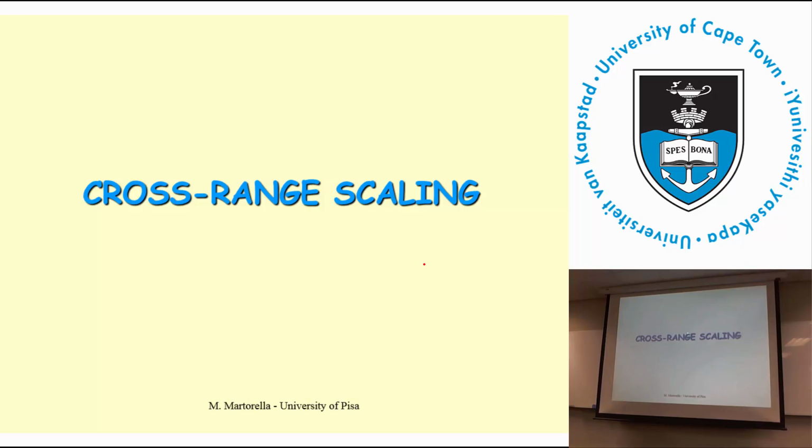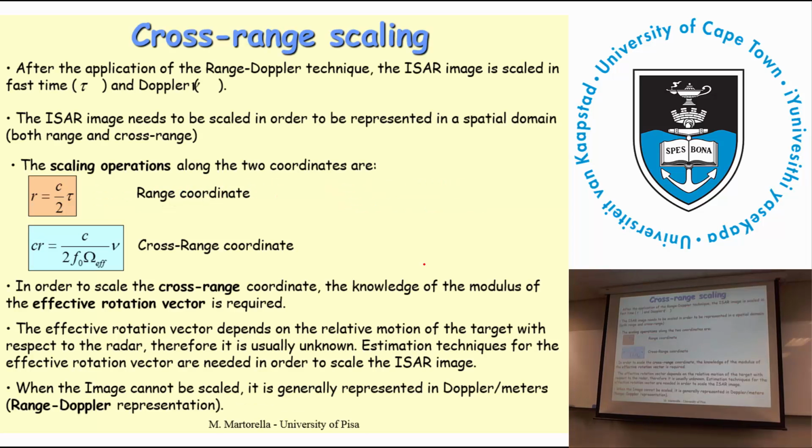To do that, as you know, we need to take care of one parameter that is not under our control and actually depends on what the target is doing. To summarize, scaling operations along the two imaging coordinates are the range scaling, which is simple. Once you have tau, the delay time, you just scale it by multiplying by c and dividing by 2. That's basic. Doesn't require anything.